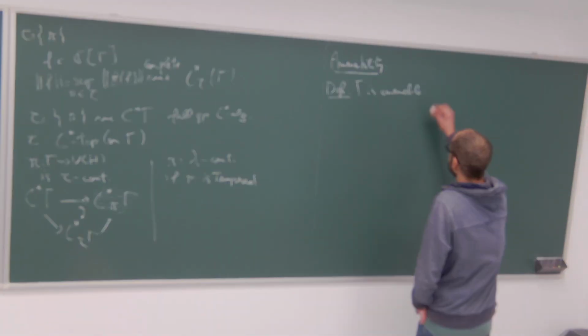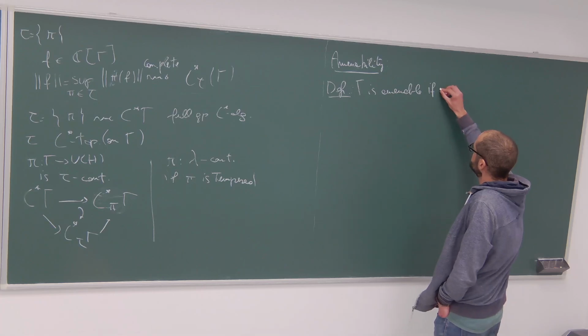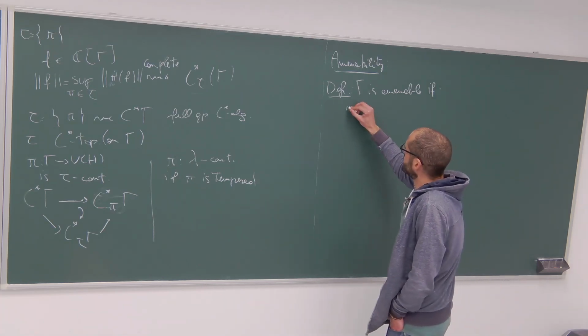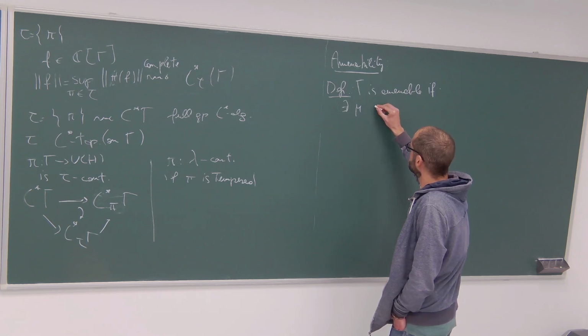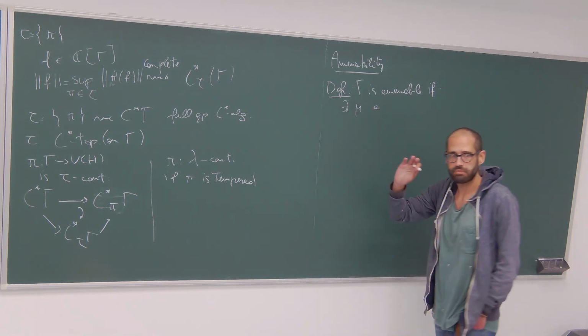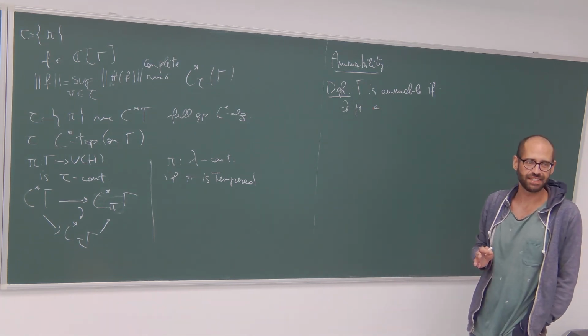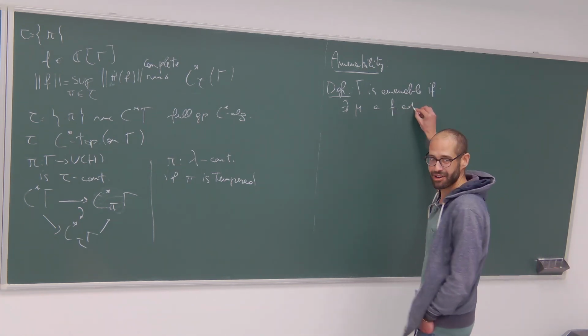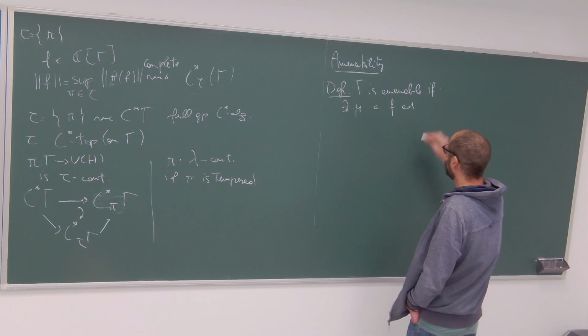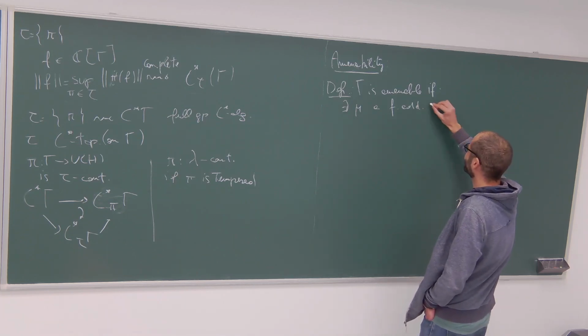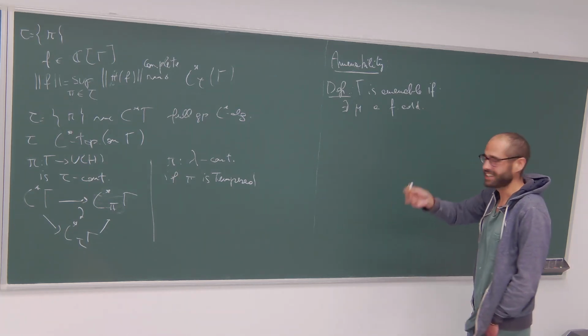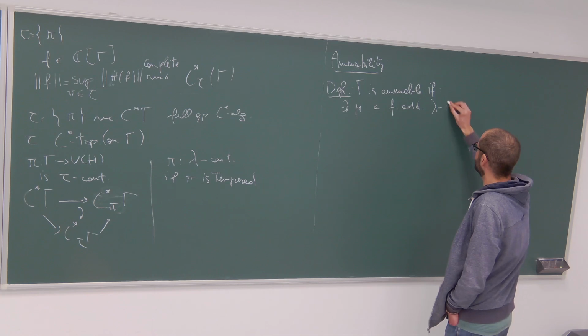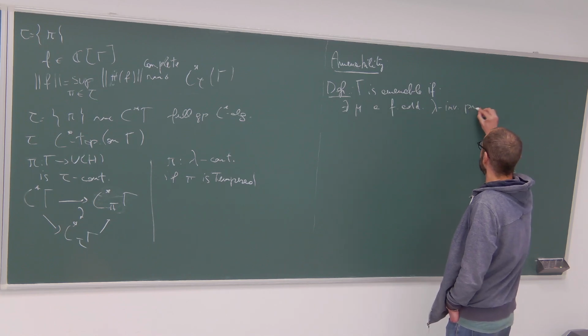And I say that gamma is amenable if there exists a mu that is a probability measure on the group, but it's only finitely additive, not countably additive. So yes, now I have a measure. Finitely additive and left invariant, so let's call it a lambda-invariant probability measure.